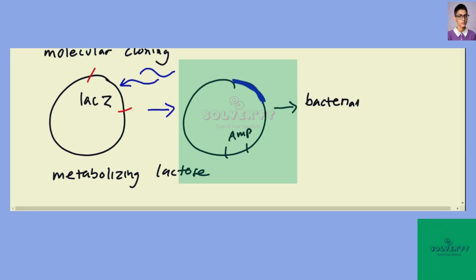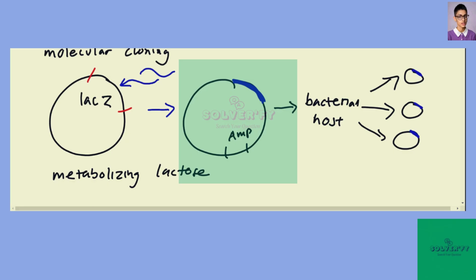The ones that survive on ampicillin are what we're looking for. And once we have it in a bacterial host, we're going to be able to produce more plasmids with our DNA of interest. So it's going to replicate and produce our plasmid with our DNA of interest.